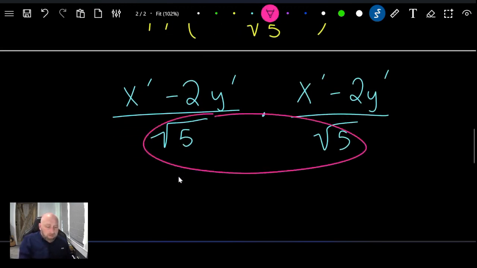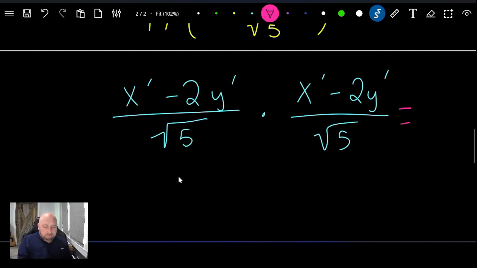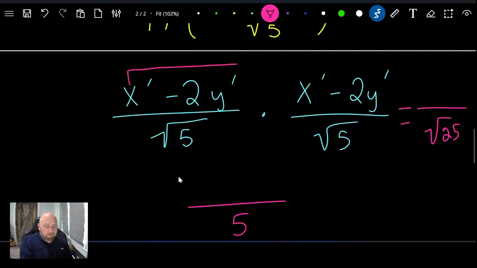I'll do the denominators first. That should be pretty easy. That's going to equal the square root of 25, which is 5. Now, this numerator is a little bit more complicated, but it's not terrible. We've done these a million times.